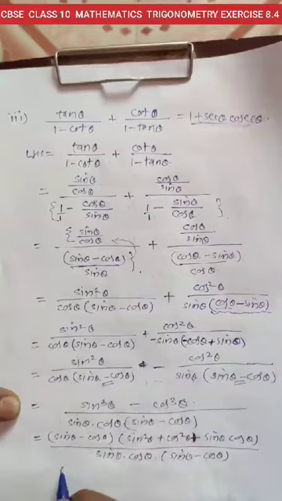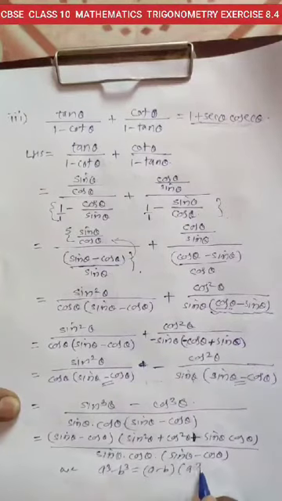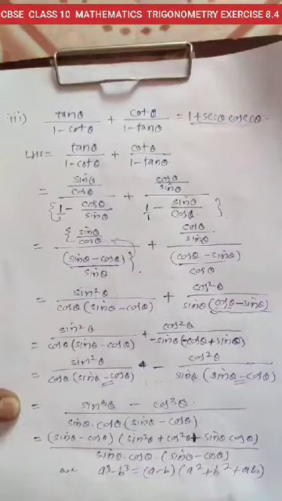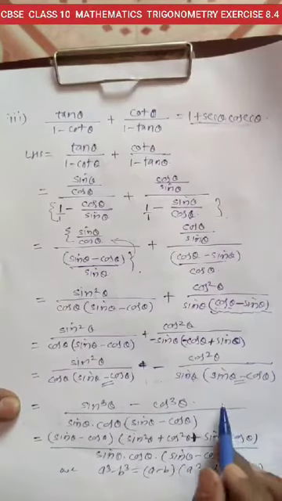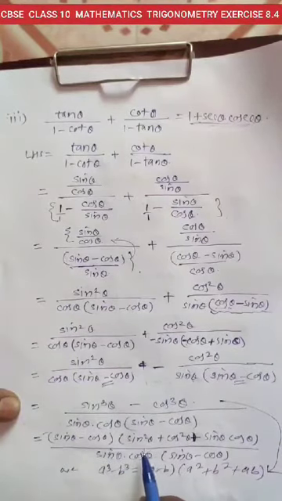For that purpose we use the formulation a cube minus b cube, which is a minus b into bracket a square plus b square plus ab. So this formula is used. The step is sin theta minus cos theta into bracket sin square plus cos square plus sin theta cos theta.